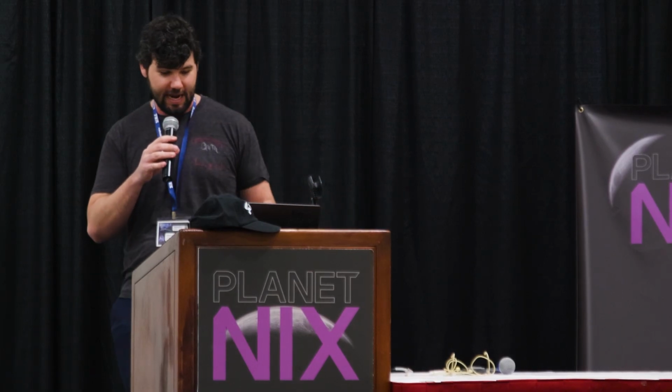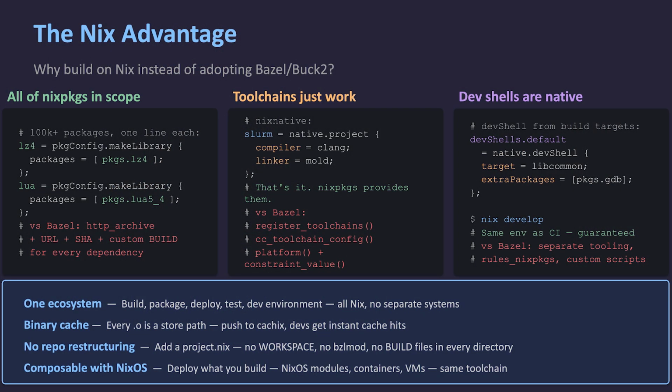It's what we've designed Nix packages to do. And so again, you have all of Nix packages in scope, and you can mix and match your toolchain however you want. Compared to, I don't know if anyone's ever managed toolchains in Bazel or Buck2, but it's the most painful part of it. In Nix, again, you just refer to what symbols you would like.